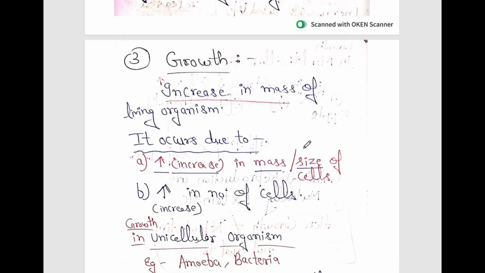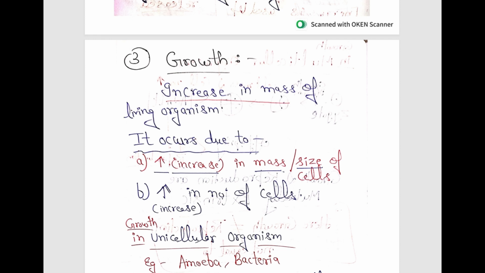Now, the next point, growth. You know that growth is an irreversible increase in the mass of an individual. A multicellular organism increases its mass by cell division.